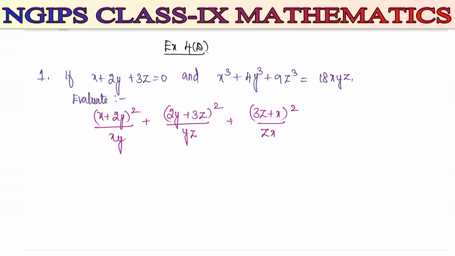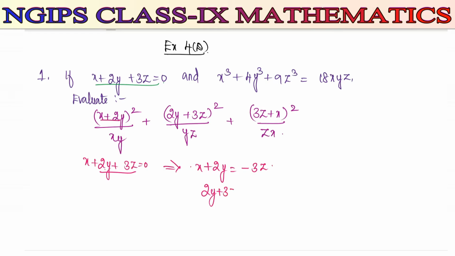Okay, now if you look at this first condition, we have x plus 2y plus 3z is equal to 0. Here in the first condition we have x plus 2y. So I am going to keep this x plus 2y, and the remaining 3z I am going to send to the opposite side. So x plus 2y is equal to minus 3z. Next here 2y plus 3z.